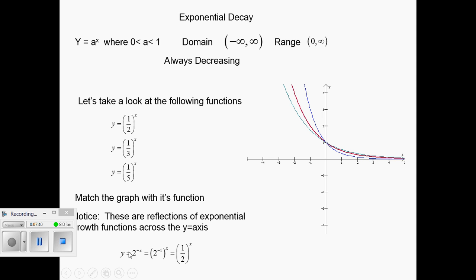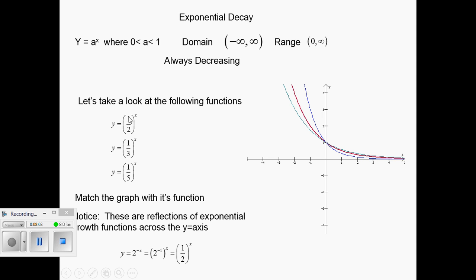So replacing the x with a negative x implies a flip across the y-axis. And we could rewrite that as you see here as 2 to the negative first to the x power, and of course 2 to the negative first is 1/2. So this is 1/2 to the x.